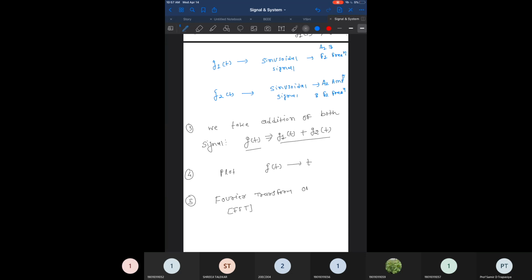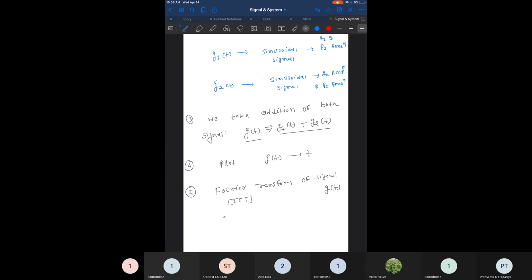So we take the Fourier transform of signal g of t, right? And then what is available is g of f. Because for every signal in the time domain, if we take the Fourier transform, then we have the signal available in the frequency domain as g of f.